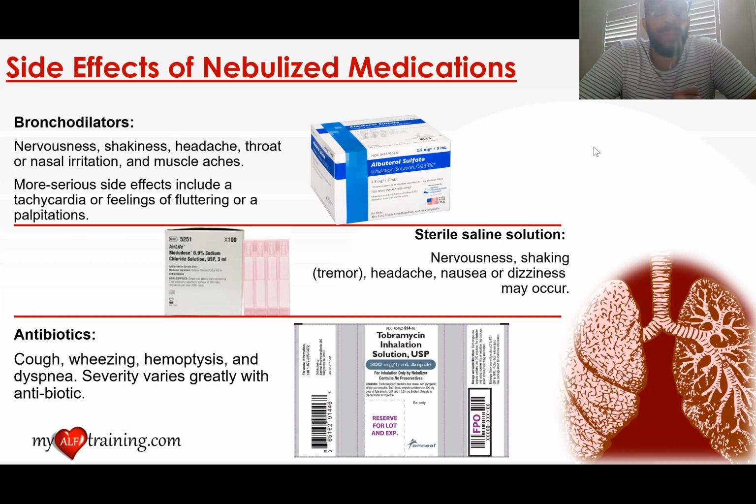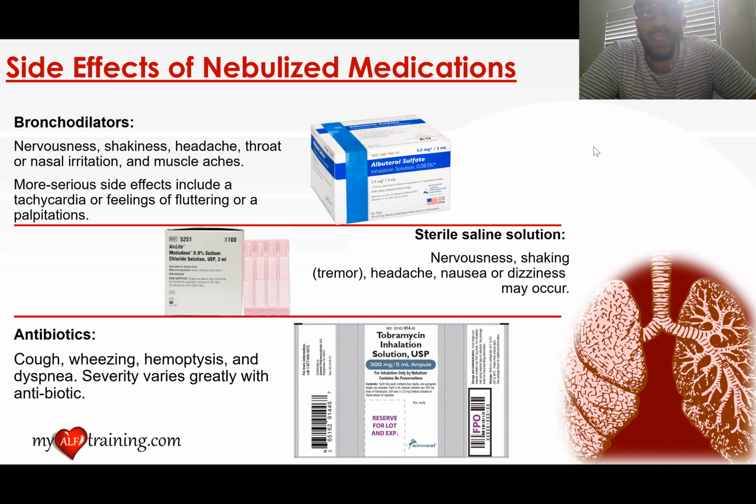So, bronchodilators, we'll start there. Bronchodilators, we can expect side effects such as nervousness, shakiness, headaches, throat or nasal irritation, and that's mostly just because inhaling the medication, it's a foreign mist, a foreign body inside.